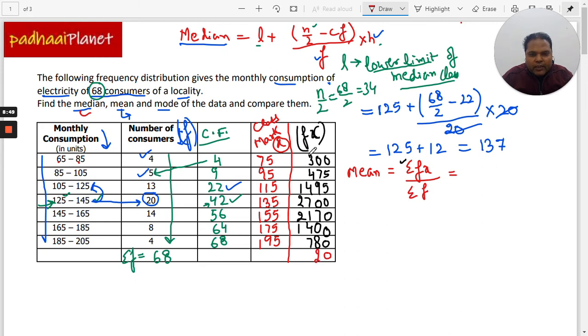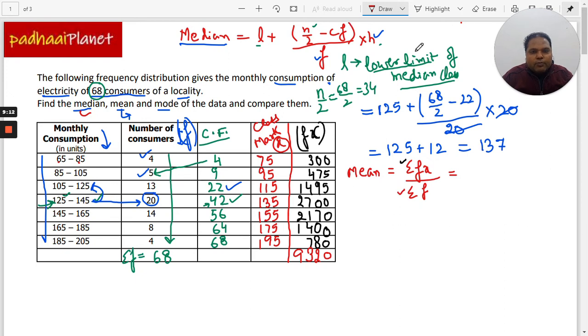So 3 carries, 6, 10, 14, 21, 22, 26 and 7, so that's 33. 4, 6, 8, 9. Right, so that's 9320, that's sigma fx.